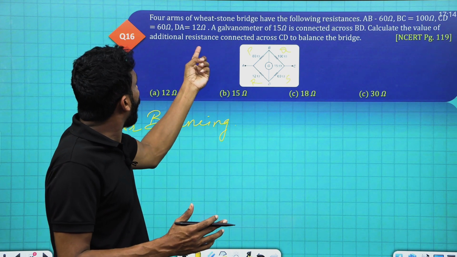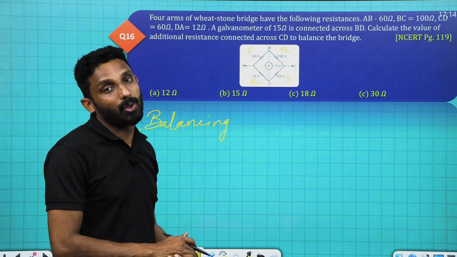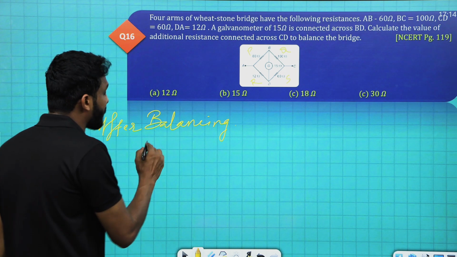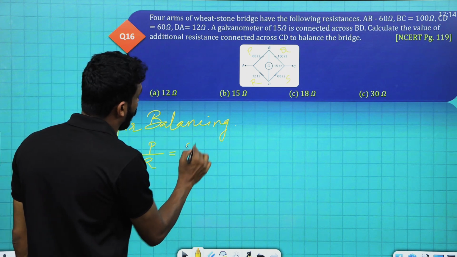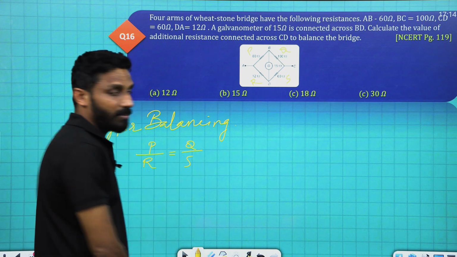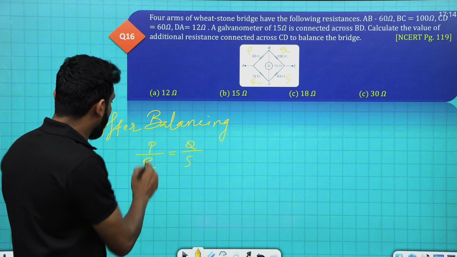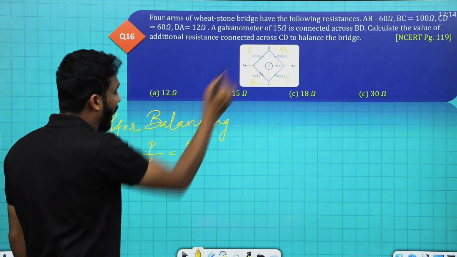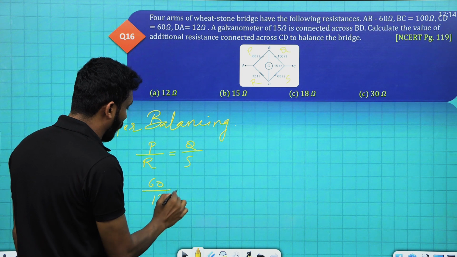We have to connect some resistance somewhere, and they are asking how much resistance to be connected across CD. So after balancing, I am writing P by R is equal to Q by S. Clear? There is no change in P value, that is 60. No change in R value, that is 12.